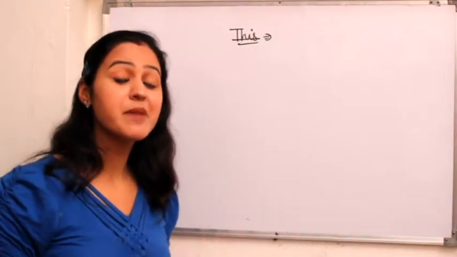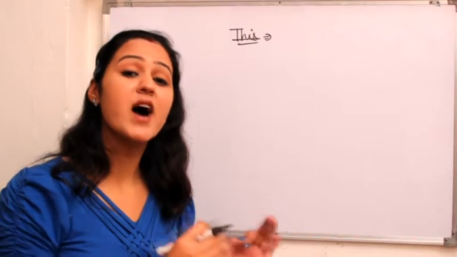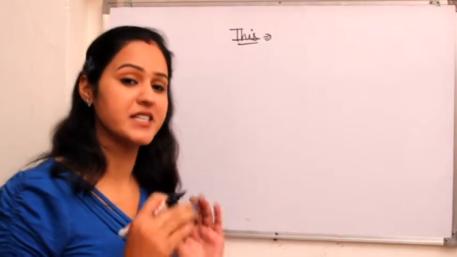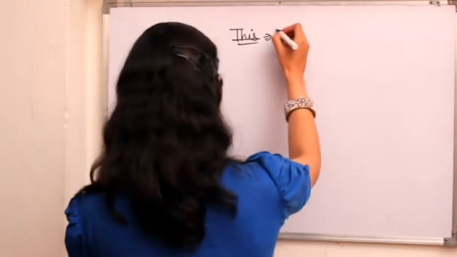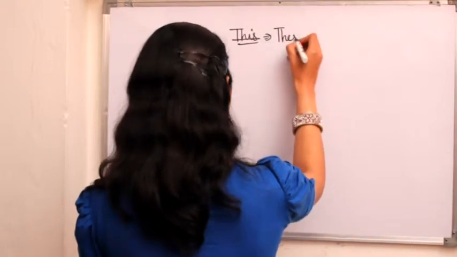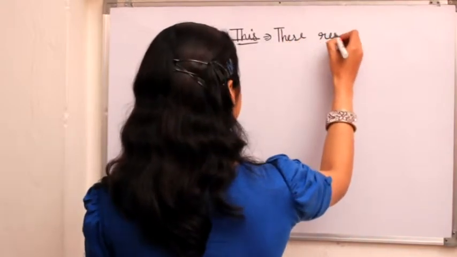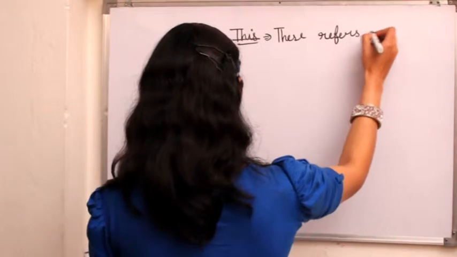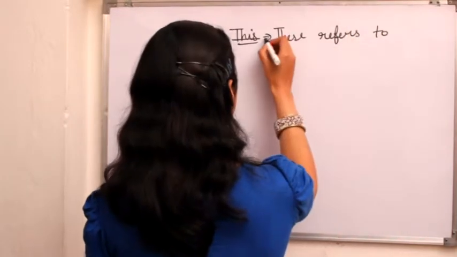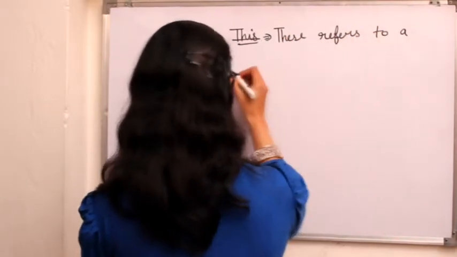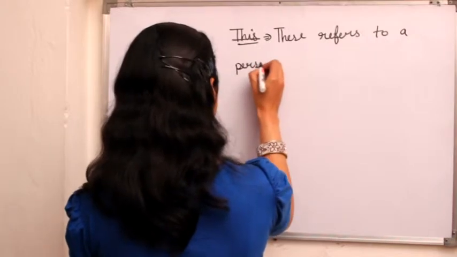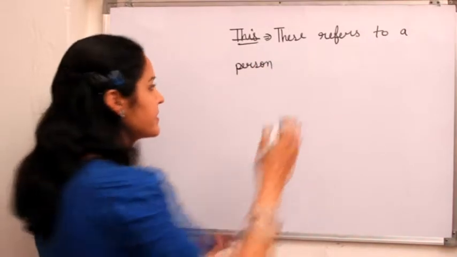What is the deep meaning of this? Why do I utilize this here? I already explained: this refers to a person or things.